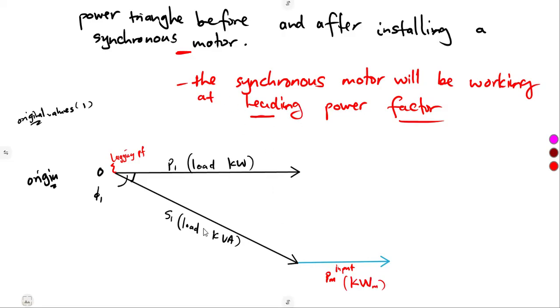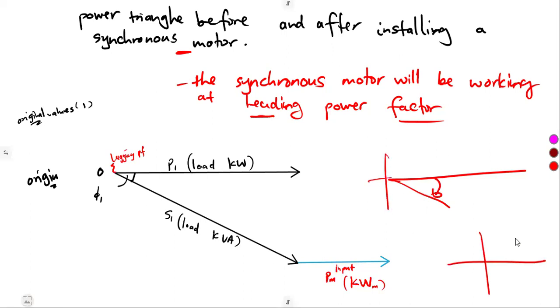So this one, remember, it was like this. This is our reference. And we are saying we are working with a lagging power factor, so it was going to be like this, lagging. We are going this side. But this one is working with a leading power factor. This is our reference here, so leading is supposed to be on top.